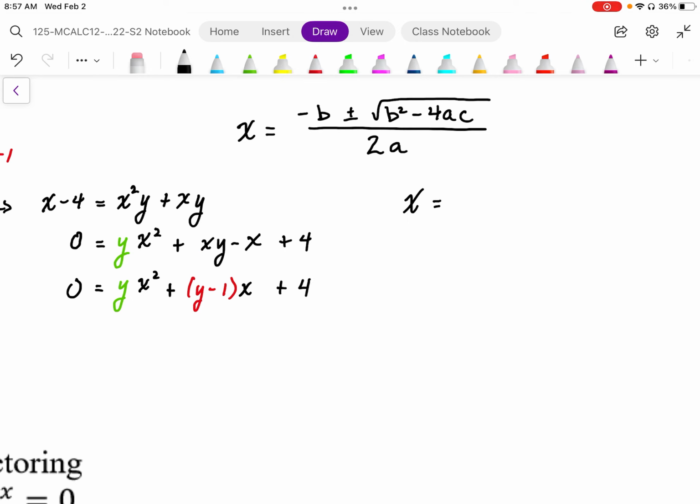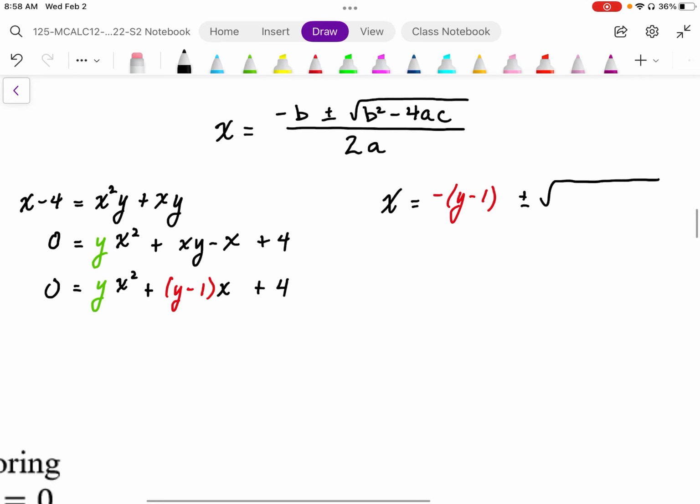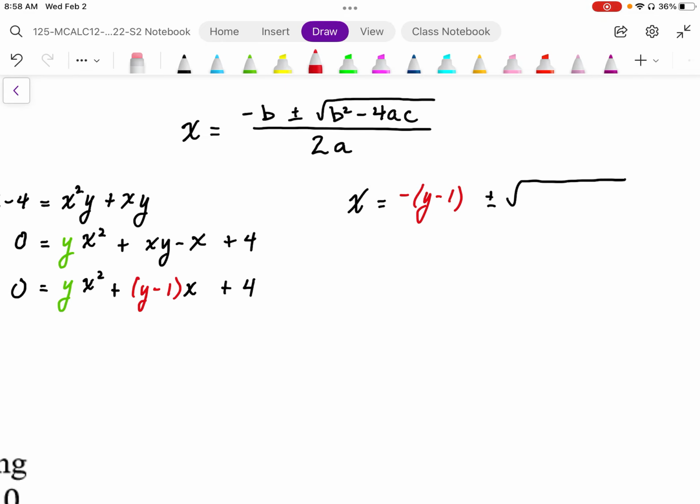x is equal to negative b. So b is the middle term, so I'm going to end up with negative y minus 1, plus or minus the square root of y minus 1 squared, minus 4 times a.